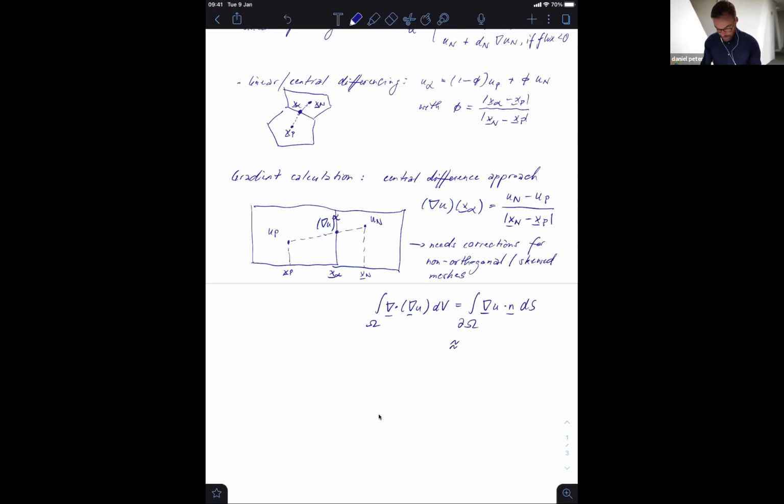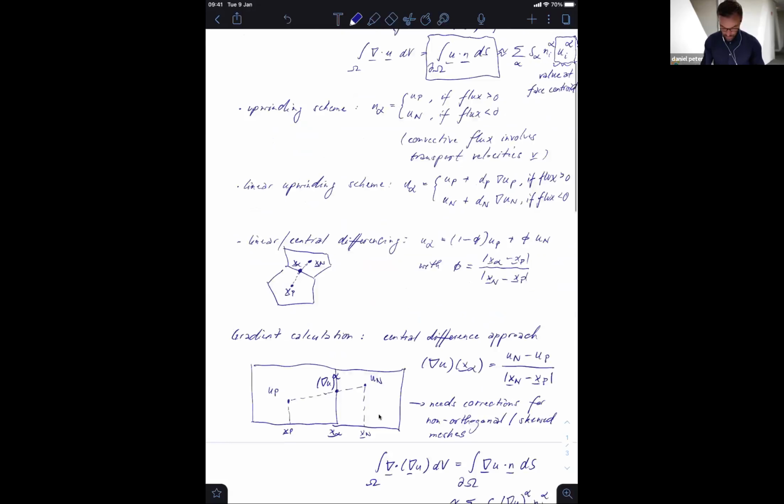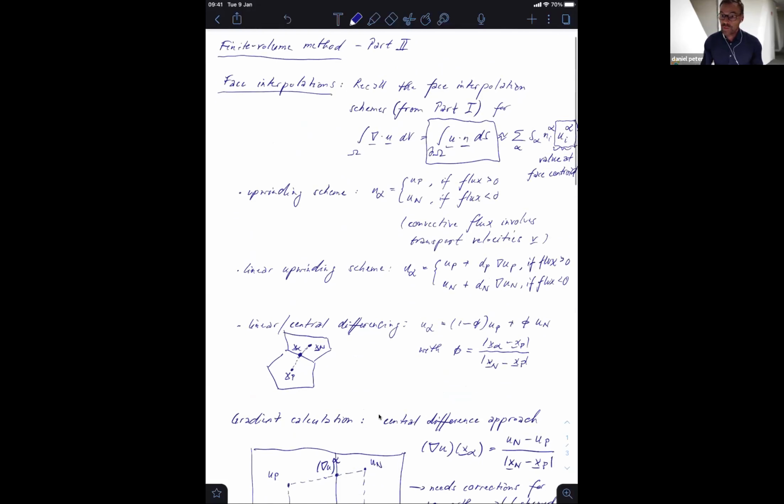So you see now the interpolation is using grad of U at the face centroid position times n, the normal of that. So here we would need the gradient of U, whereas on top we just need U, the interpolation of U. So upwinding, linear upwinding and linear or central differencing try to find this U value at the face.